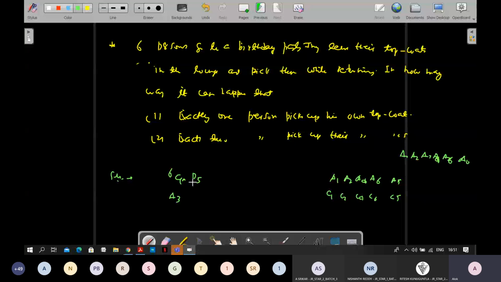No need to calculate, we already did our good work. So my answer is 6 C1 times D5. D5 is 44, so this will be 264. So 264 is the answer.